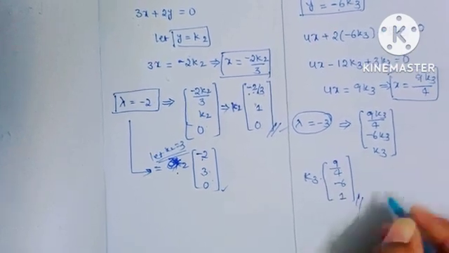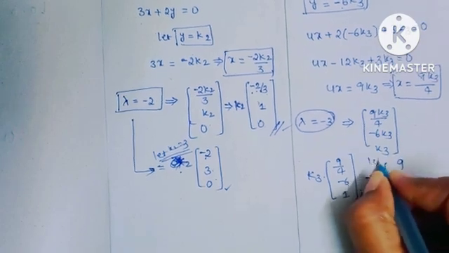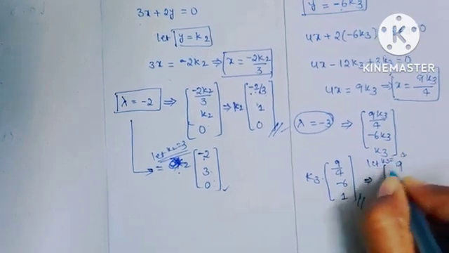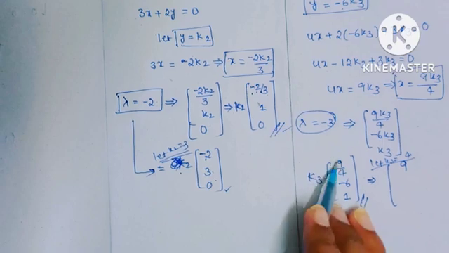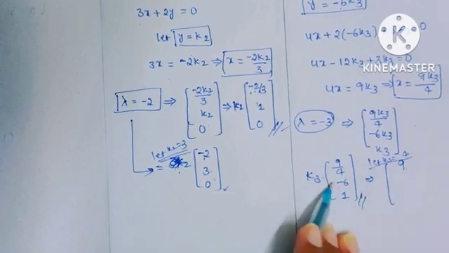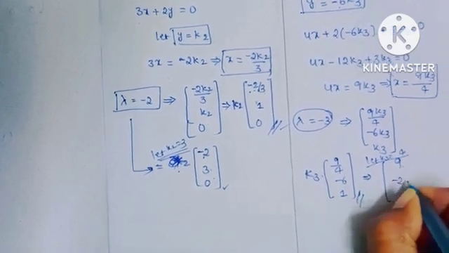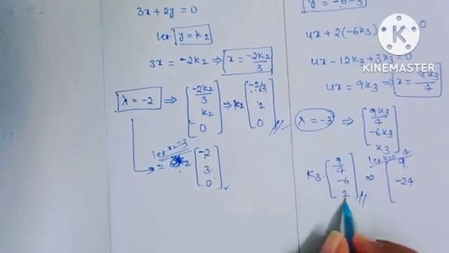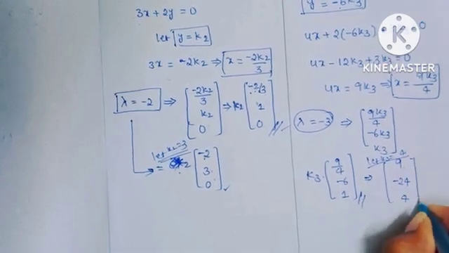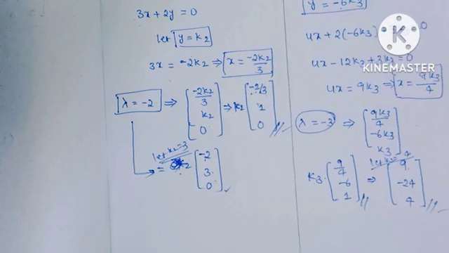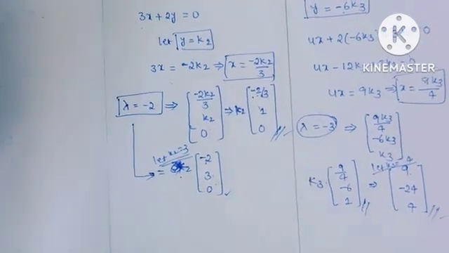This is the eigenvector. So let k3 equal to 4. Then we get 4 into 9 by 4 is nothing but 9, 4 into minus 6 is minus 24, and 4 into 1 is 4. This is the eigenvector for the eigenvalue lambda equal to minus 3.